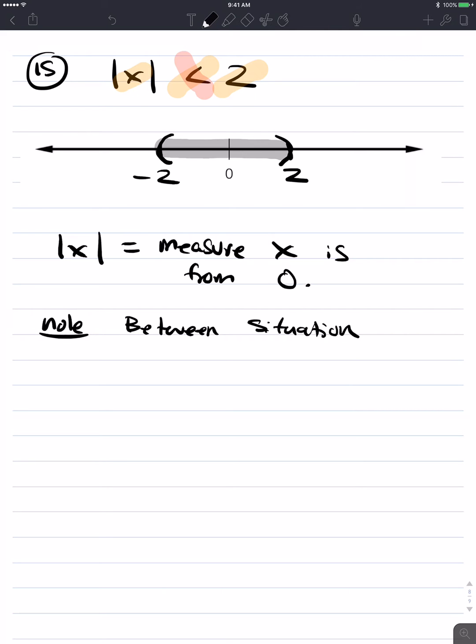In other words, if we were to describe what we just shaded in terms of set notation, the numbers that are shaded are all numbers that are between -2 and +2.